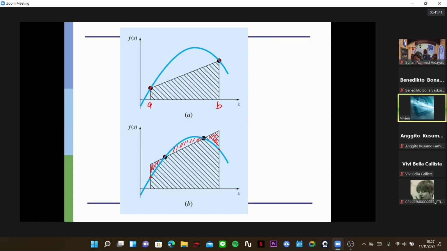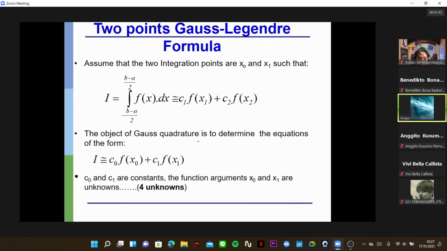So this is what is performed in Gauss quadrature. It means that we have to find new points inside the area, which are x0 and x1. So it's not the limit again to get the linear line, but we use another 2 points.